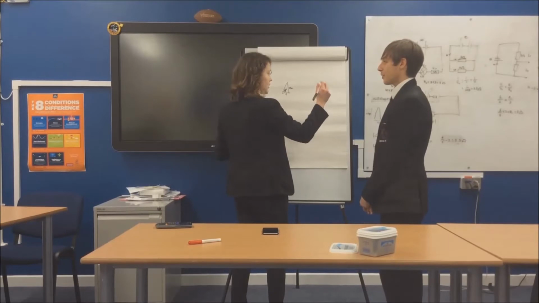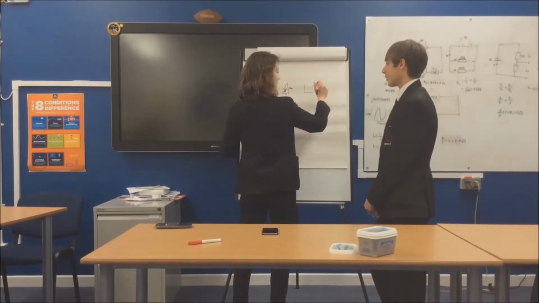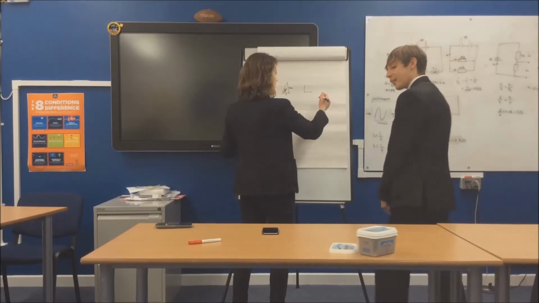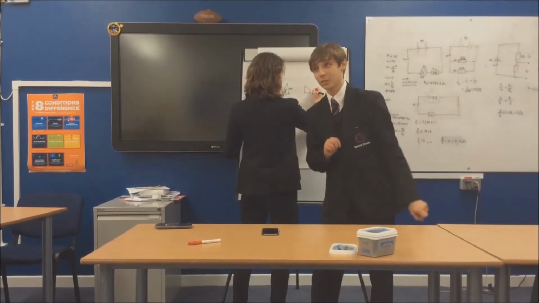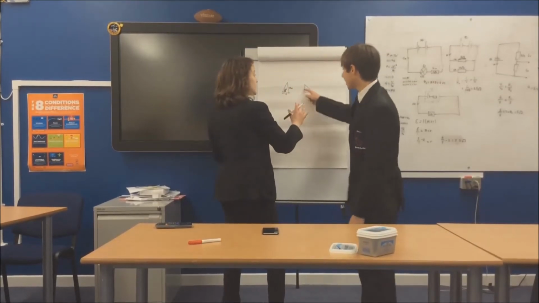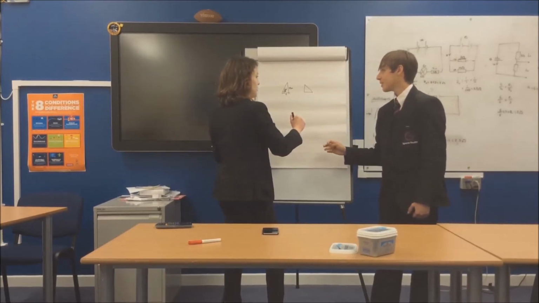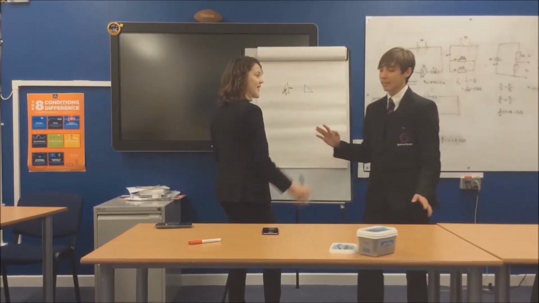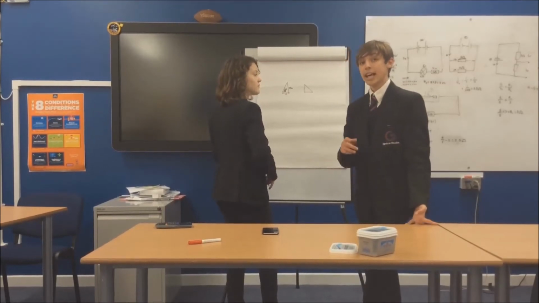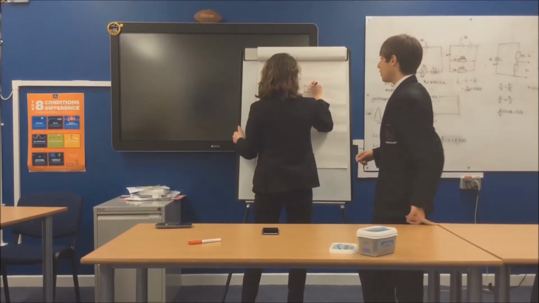So, example. Say you have a triangle, a right angle triangle of course, that has a right angle in it. Make sure you mark that. And it has a hypotenuse of 8 meters and an opposite of 7 meters.